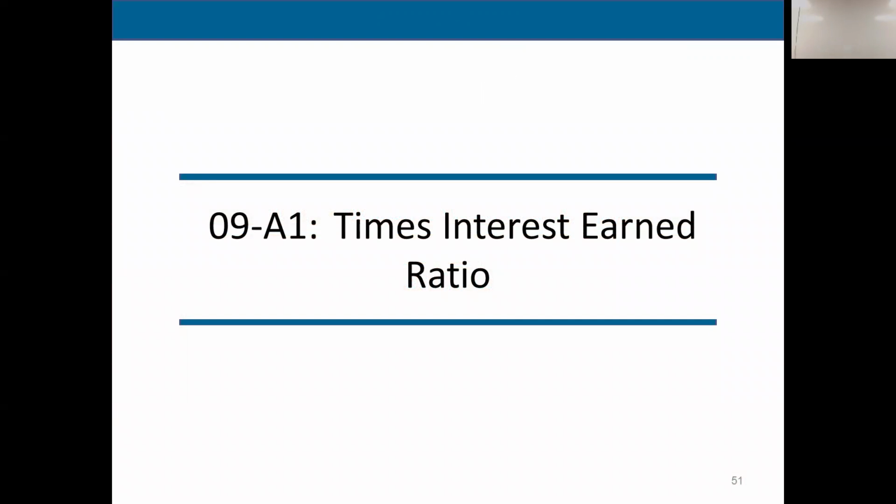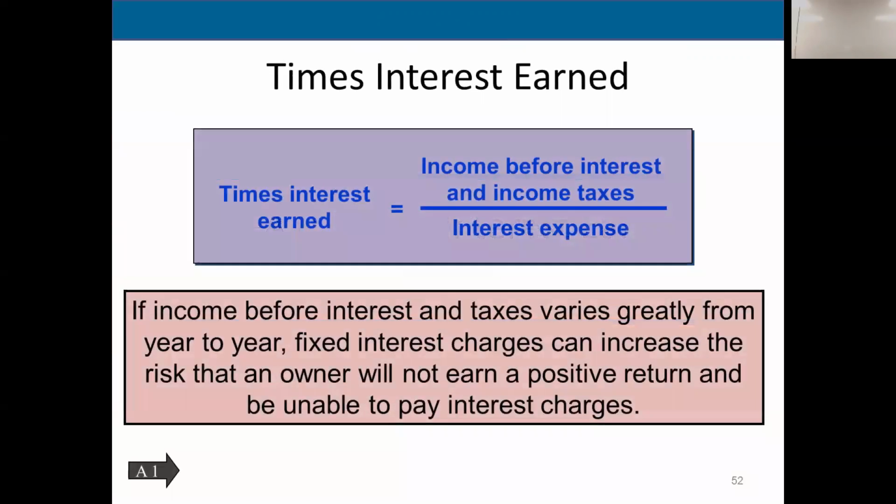Now finally, the ratio. Times interest earned. What's the times interest earned ratio going to tell us? Income before interest and income taxes divided by interest. If income before interest and taxes varies greatly from year to year, fixed interest charges can increase the risk that an owner will not earn a positive return and be able to pay interest charges.